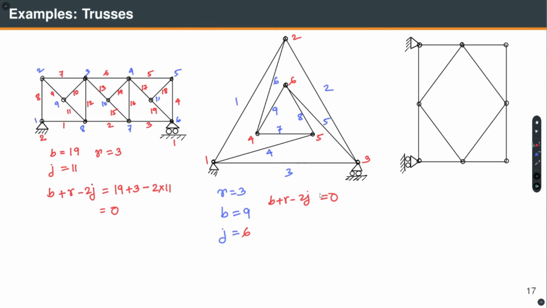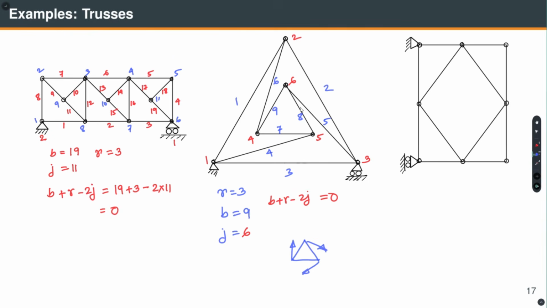So, does it mean it is stable and statically determinate? Well, let us take a look. We should inspect it carefully, look at this internal one. If I draw the FBD of the internal truss, sometimes the forces in these members can be concurrent. If that is the case, then it is unstable.